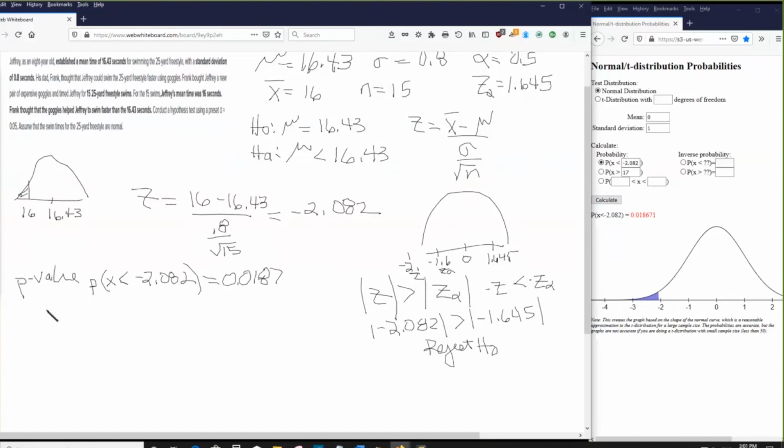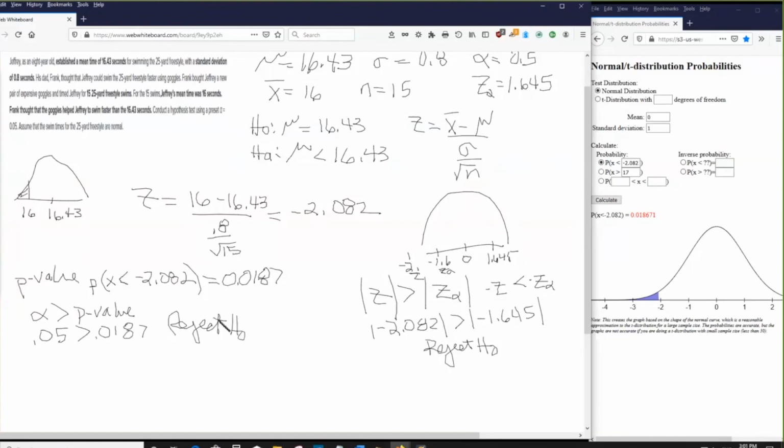And we also have our rule that if alpha is greater than our p-value, we're also going to reject the null hypothesis. So our alpha was 0.05, which is greater than our 0.0187. So that also tells us we're going to reject the null hypothesis.